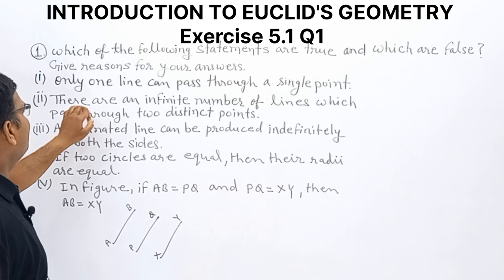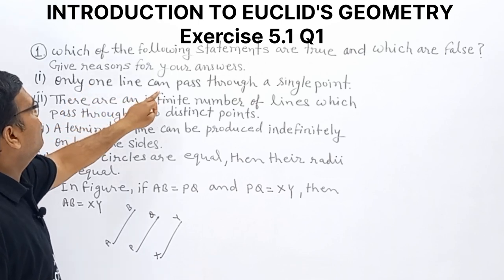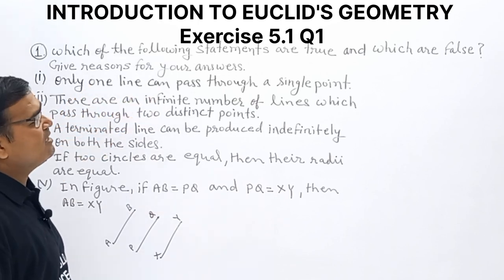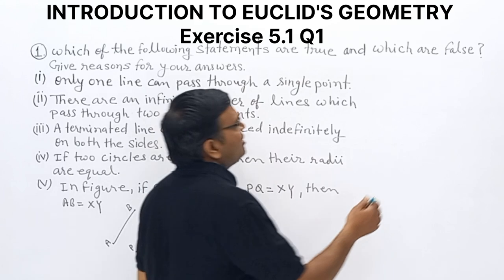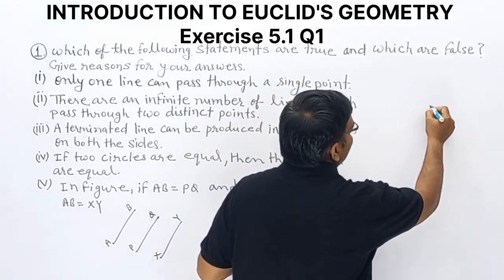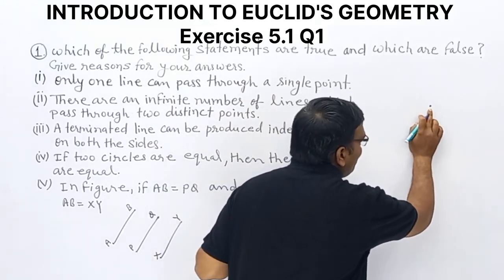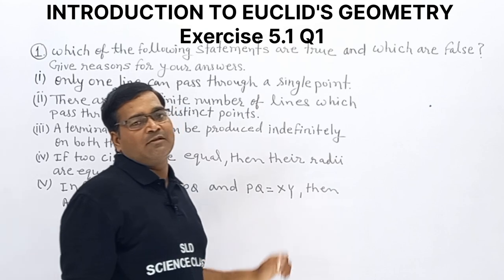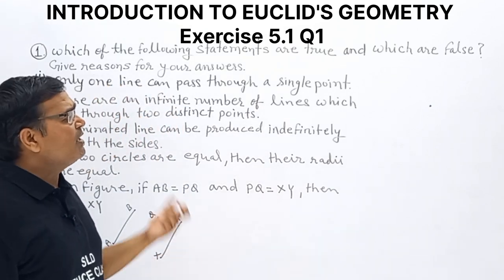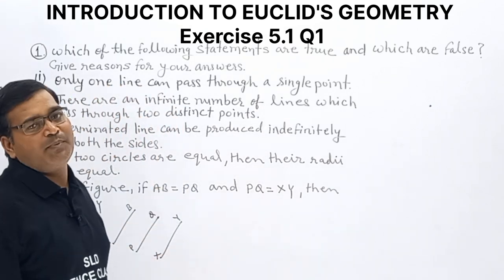Now the first one I am taking: only one line can pass through a single point. From a single point, this is the single point, how many lines can pass?